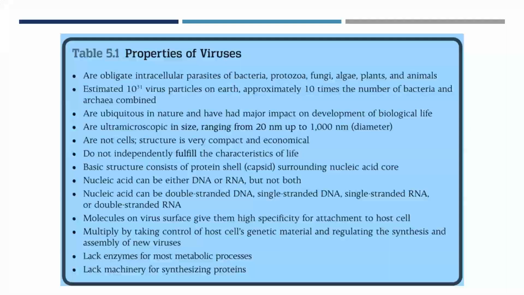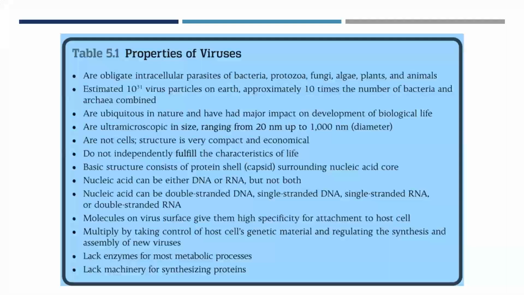Molecules on the outside of the virus, on its surface, are what gives it specificity and determines which cells they can attach to, and along with that, their host range. So based on what surface markers they have, they can dock with certain cells and not other ones.